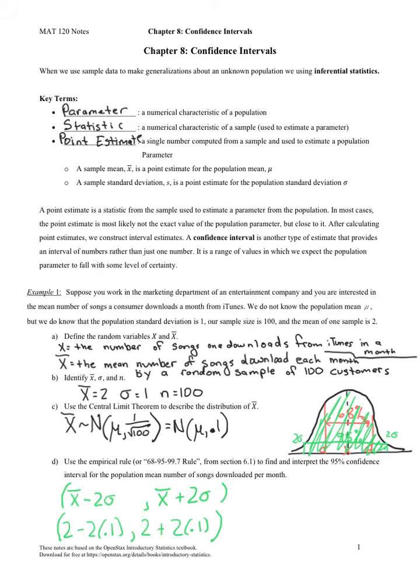I'm going to go ahead and plug in those values with my mean and my standard deviation for my lower bound and for my upper bound. I'll compute those, and we'll end up with a confidence interval with a lower bound of 1.8 and an upper bound of 2.2. But what does this mean?